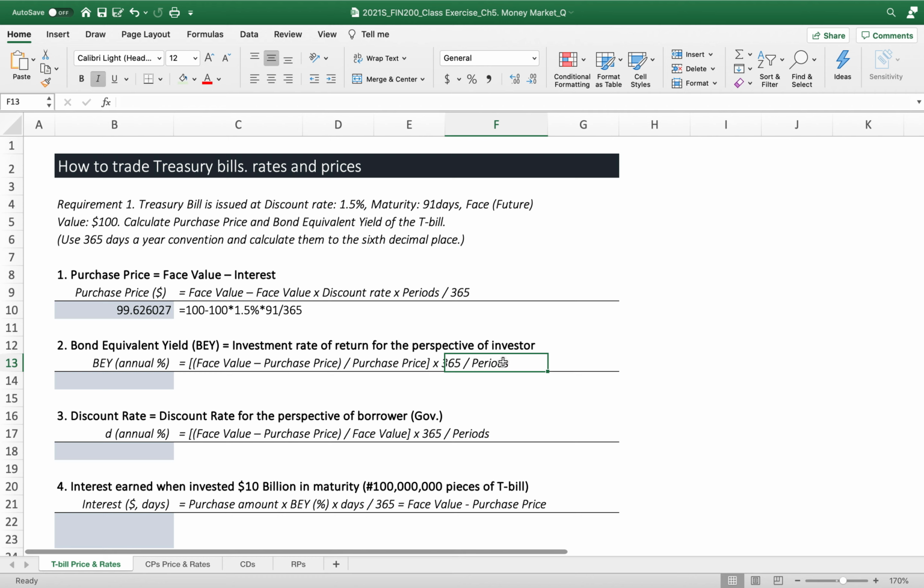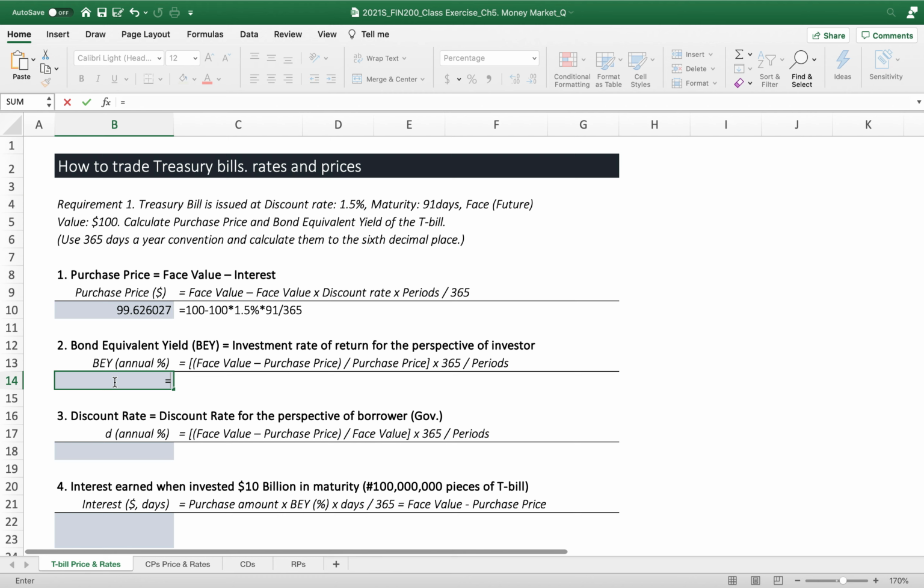But we have to annualize this interest rate made for the period, 91 days, by multiplying this annualized factor, 365 divided by 91 days, so 4 times, so that we can come up with the annual rate of the bond equivalent investment yield. Okay, so face value. Now we need the face value, 100.